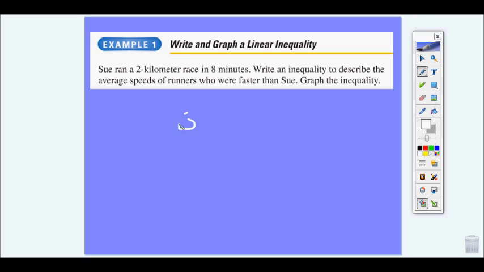Rate, R, is greater than the distance divided by the time.